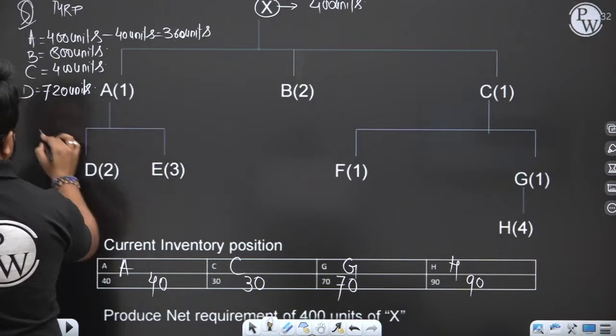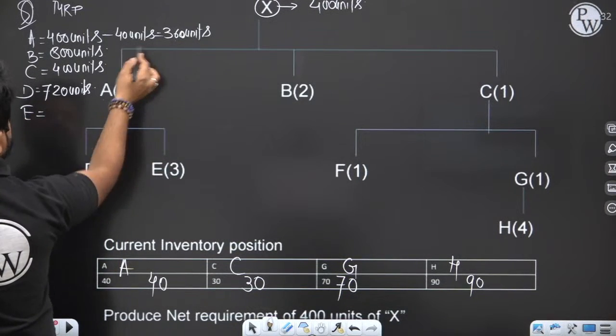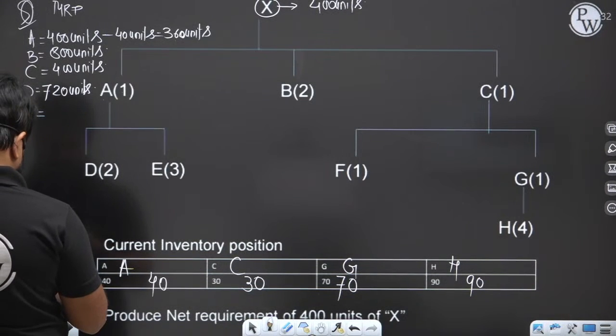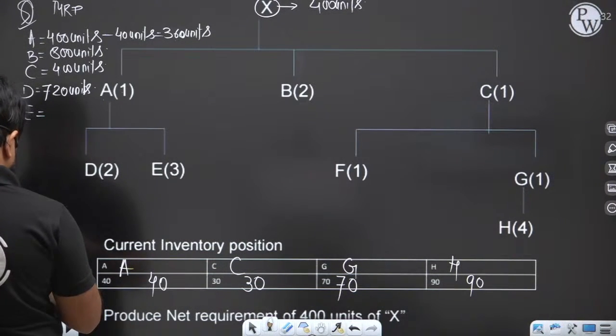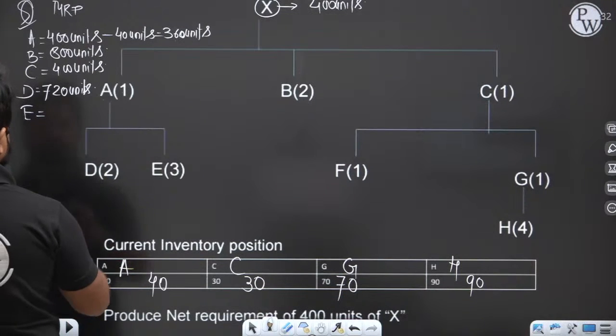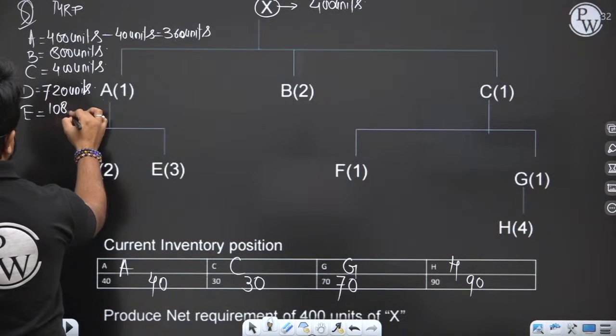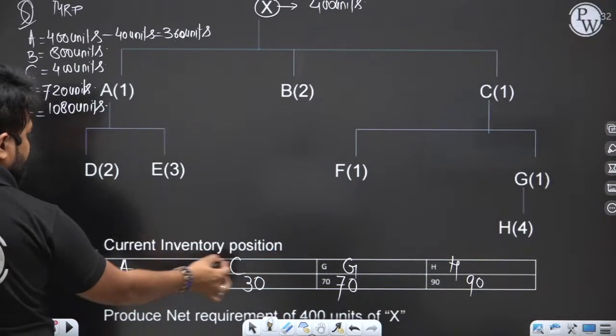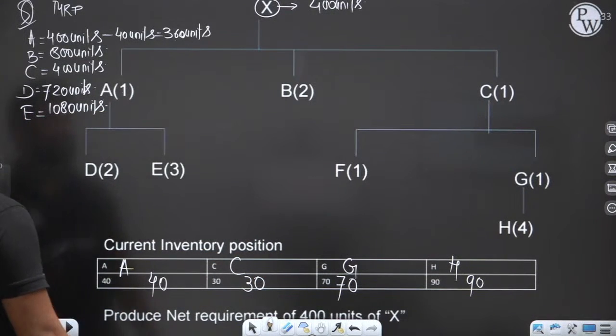Now for E, 3 times of this, 360 into 3 is 1080 units. E is also not in the inventory, so you have to arrange all of it.